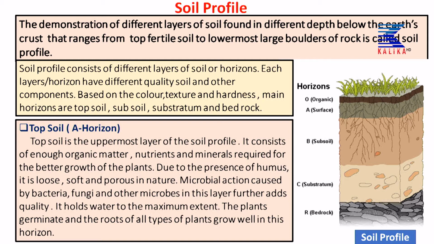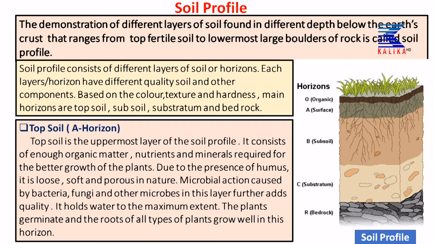Now in the screen you can see soil profile. Today's heading. Let's begin. The demonstration of different layers of soil found at different depths below the earth's crust, ranging from top fertile soil to the lowermost large boulders of rock, is called soil profile.